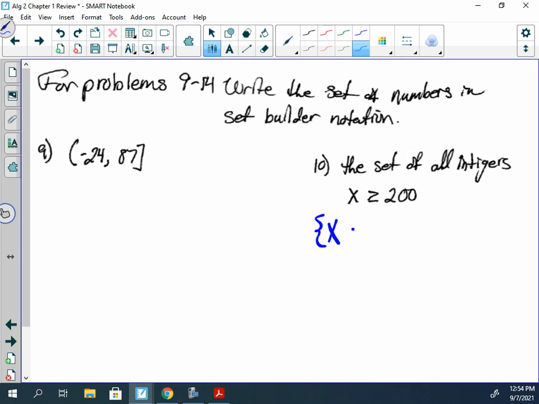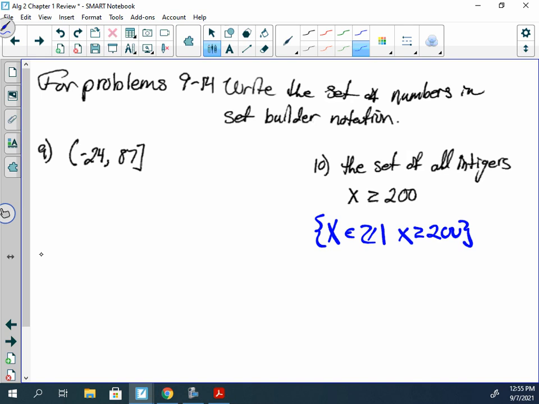So we're going to say x is an element of the integers such that x is greater than or equal to 200. Now, the big thing with set builder notation is we cannot have any interval notation inside of the set builder. So with problem number 9, we have to change parentheses negative 24 comma 87 bracket from interval notation into inequality notation, because we need our greater than, less than symbols.